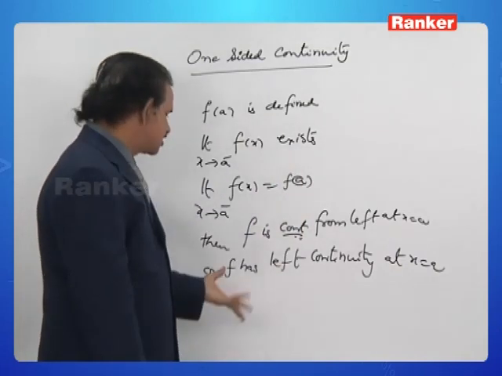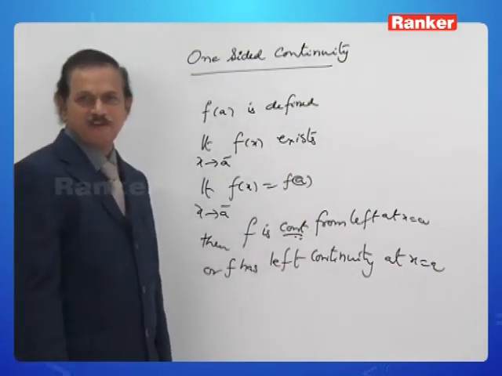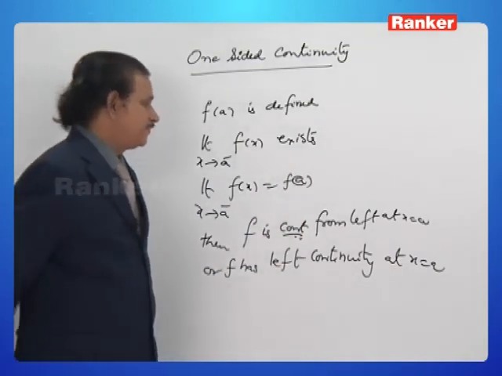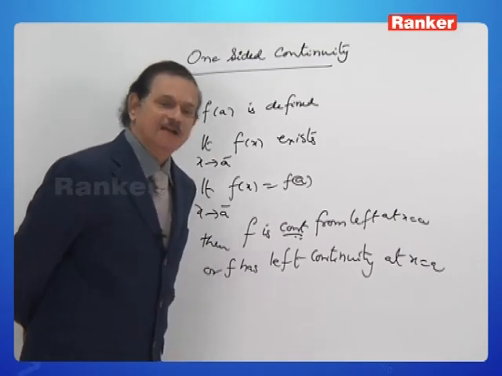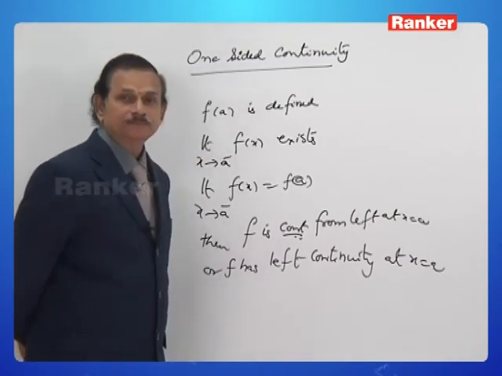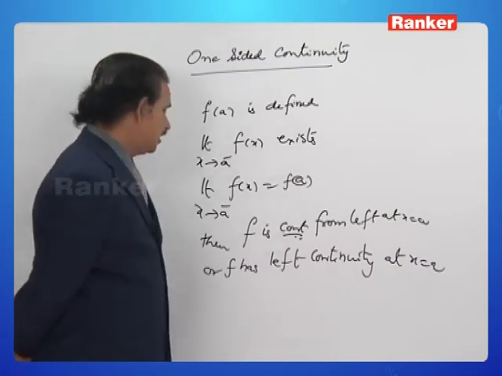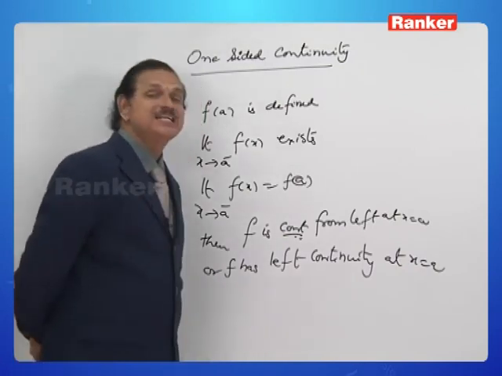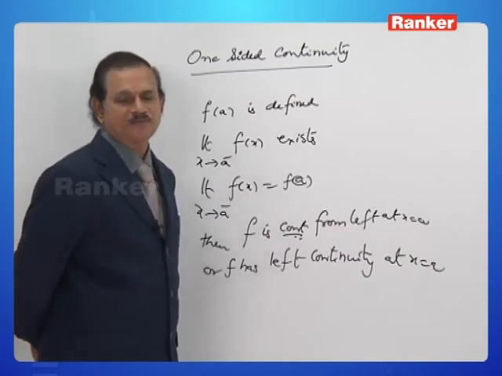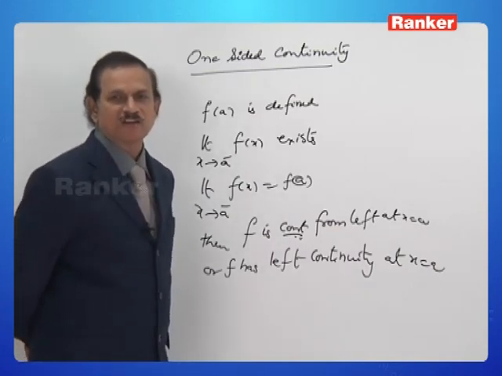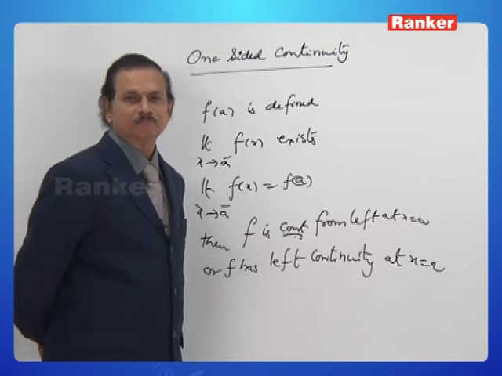If these three conditions are verified, then we say that f is continuous from left at x is equal to a. Or in another way, we express it as f has left continuity at x is equal to a. Both are meant in the same way. There is no particular symbol to represent the same.